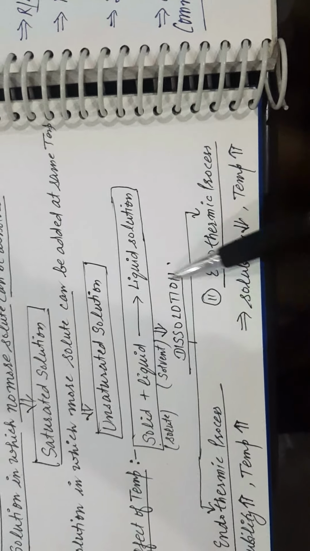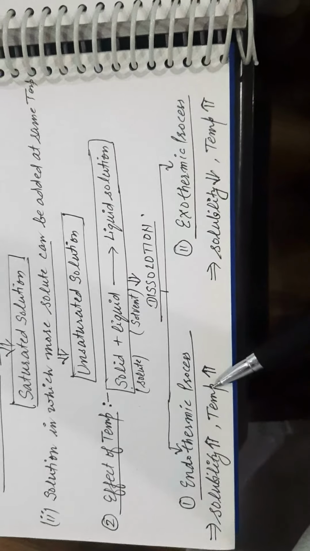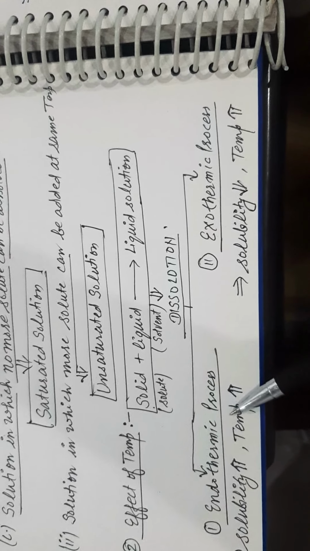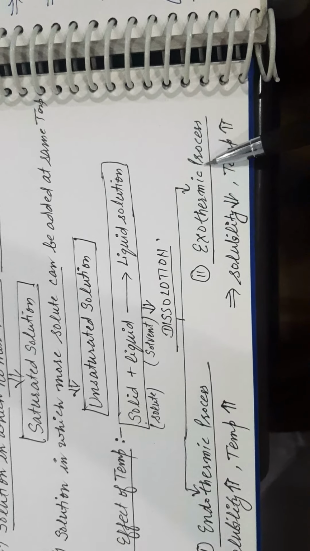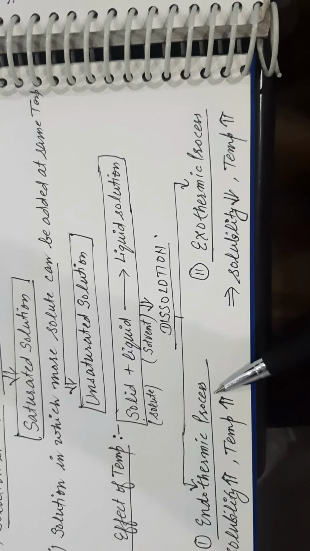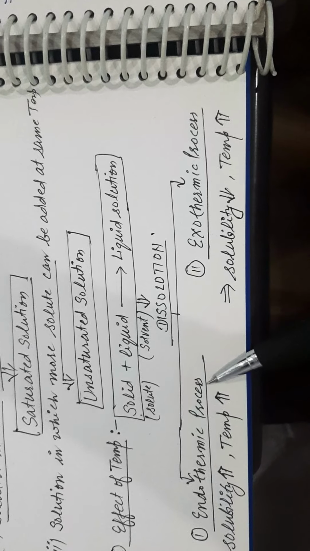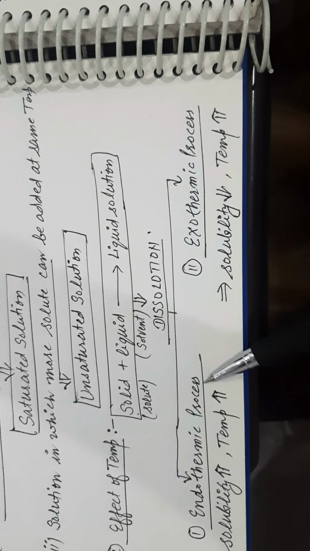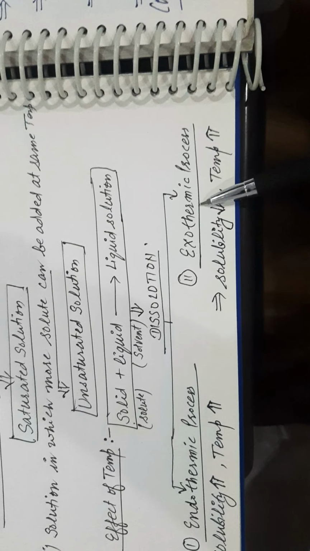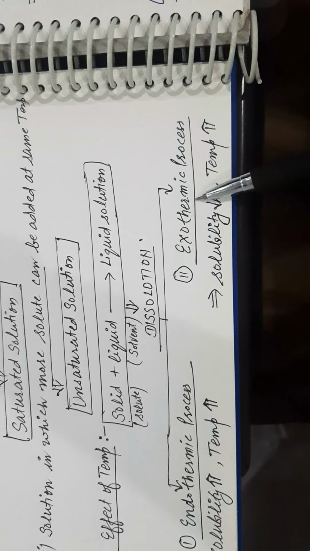So this dissolution process may be of two types. First one, endothermic process, and second one is the exothermic process. As you are familiar with the terms, endothermic means absorption of energy, and exothermic means release of energy in the form of heat.